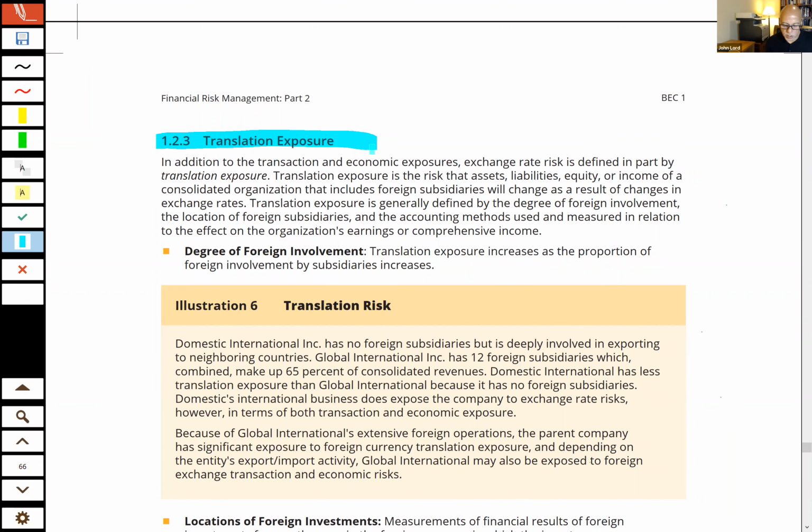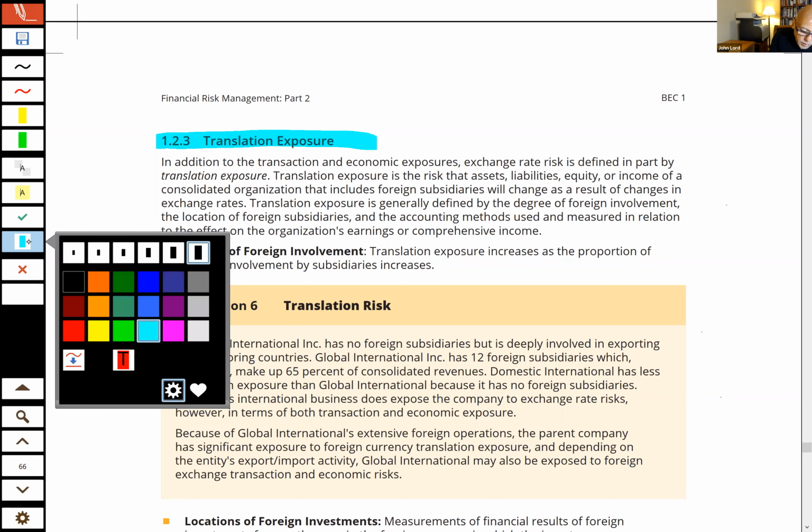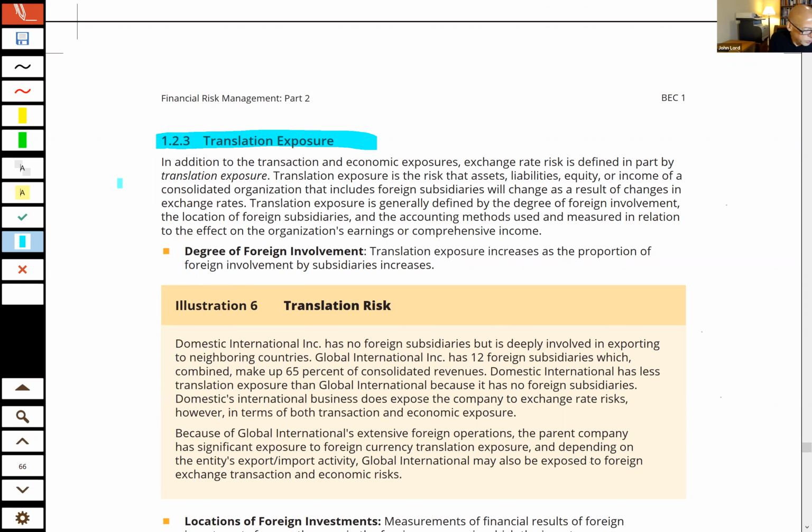The translation exposure comes from the fact that there could be a change in exchange rates, and that could cause our financial reporting to make the company look more or less profitable or valuable as we translate our various assets and liabilities, revenues and expenses from the foreign currency to the US dollar for consolidation purposes.